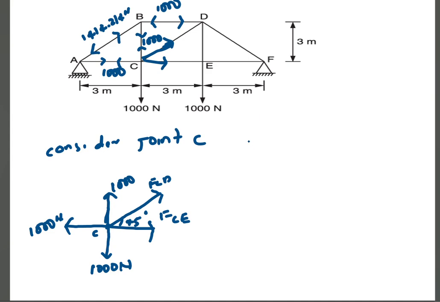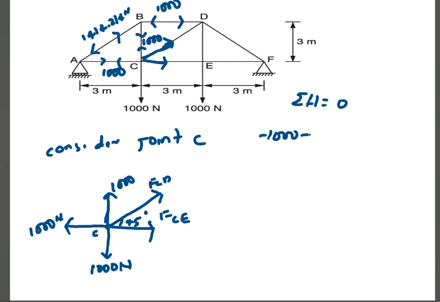Now consider joint C. Summing of all the horizontal forces is equal to 0. How many horizontal forces are there? 1, 2, 3. One is minus 1000 Newton because the force is acting towards the left.